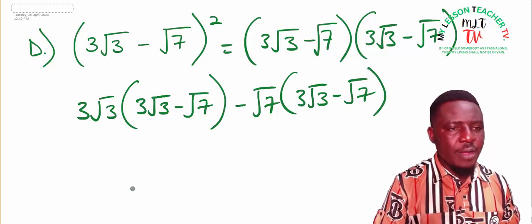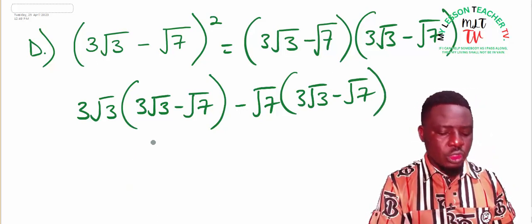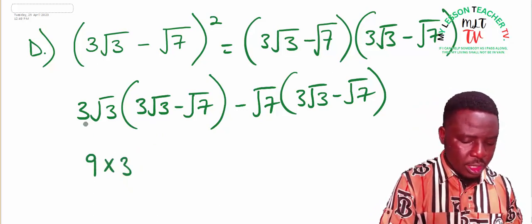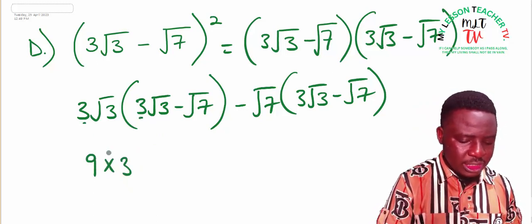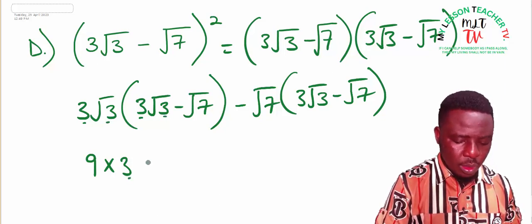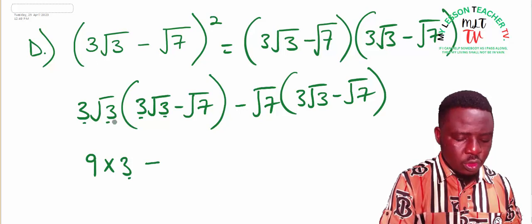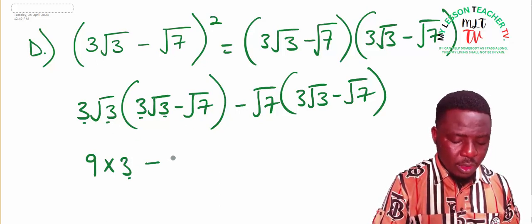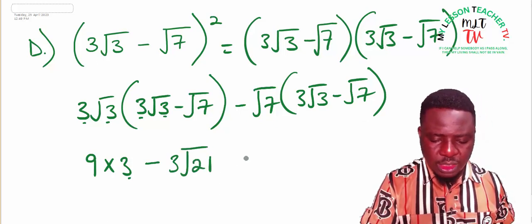So we simplify further. 3 root 3 times 3 root 3 will give us 9 times 3, because 3 times 3 is 9. Root 3 times root 3 is 3. Minus 3 root 3 times minus 7 is minus 3 root 21. And we do the same with the second bracket.